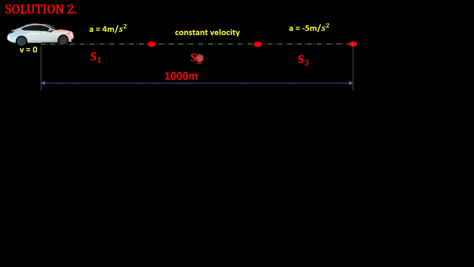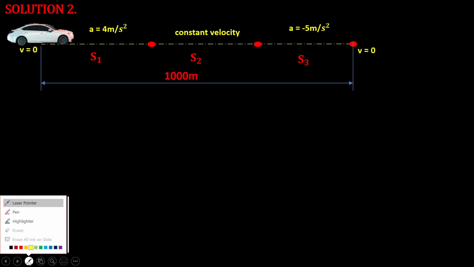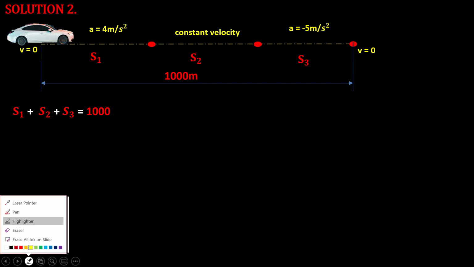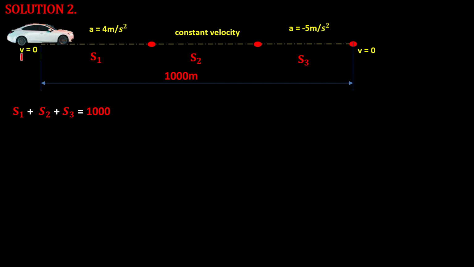Then yung kanyang final velocity, stop siya, so final velocity is 0. So, from the figure, span 1 plus span 2 plus span 3 is 1,000 meters. Okay na tayo dito ha.